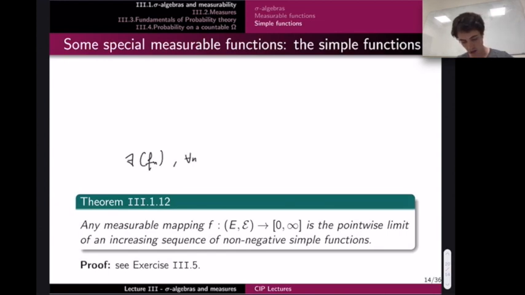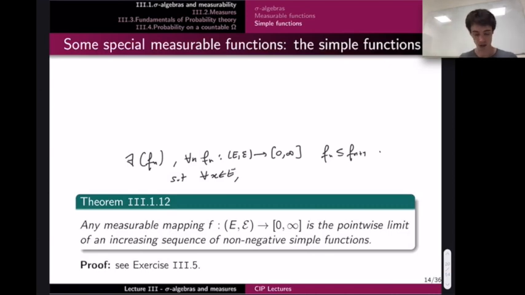For each n, f_n is measurable from E to [0, infinity), and f_n is smaller than f_{n+1}, such that for any x in E, this is the notion of pointwise convergence that we've seen in lecture 2, f_n(x) converges to f(x) as n goes to infinity.